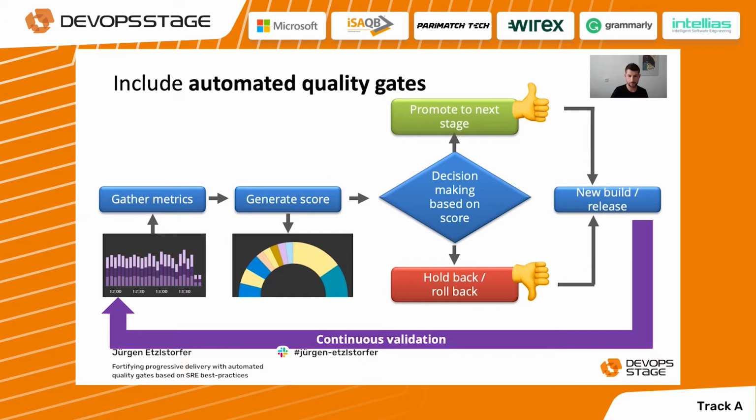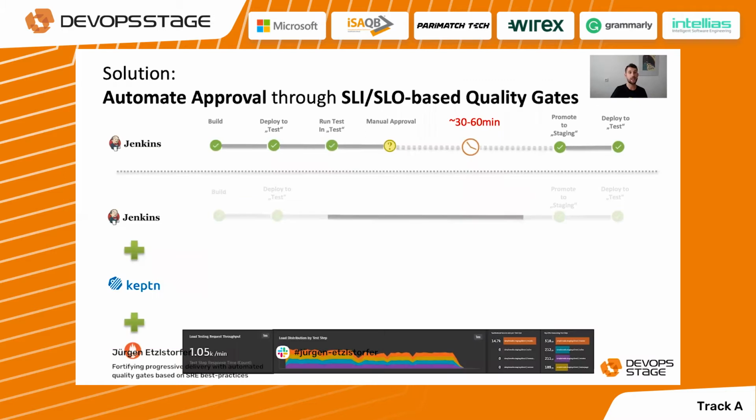So how can it look in our approval process that we have seen before? On the top, we see the previous slides, and on the bottom, we see how it can really work with Jenkins, Captain, and some metrics from Prometheus. So basically, when we start to run the tests, we are already labeling these tests.